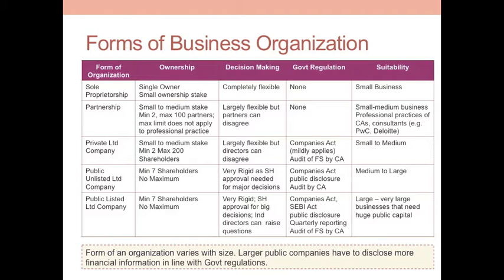Decision making is very rigid, often requiring shareholder approval for the biggest decisions. And a lot of financial disclosure has to be made in line with SEBI's Act as well as Companies Act. Smaller, private limited companies have fewer shareholders, decision making is more flexible, and financial disclosure norms are less stringent, so it makes compliance easier for such companies.